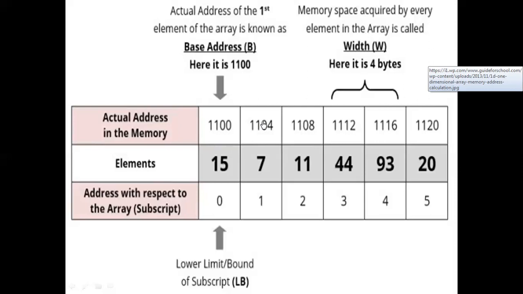The space is 4 bytes. For a character it will take only 1 byte, and for long it will take 8 bytes. So according to the different data types, you need to increment the address. Here 4 bytes is already mentioned, as it is an integer, so we are adding 4 bytes: 1104, 1108, 1112, 1116.